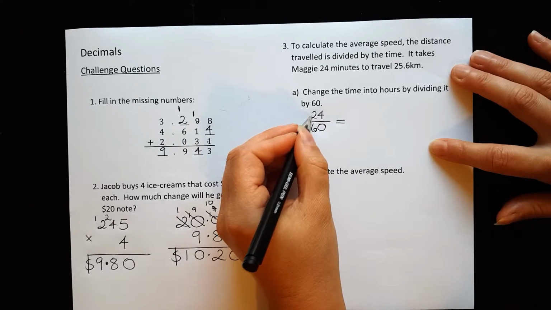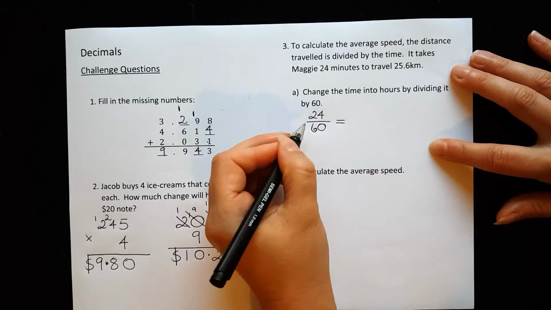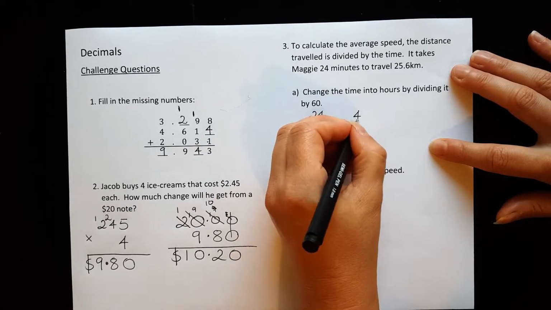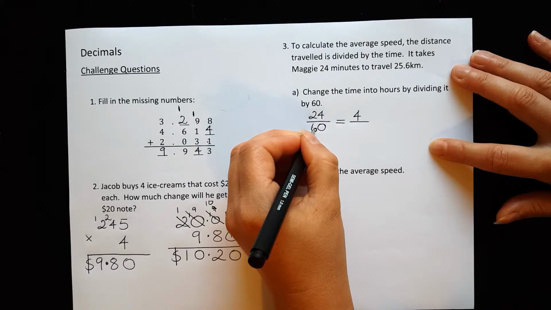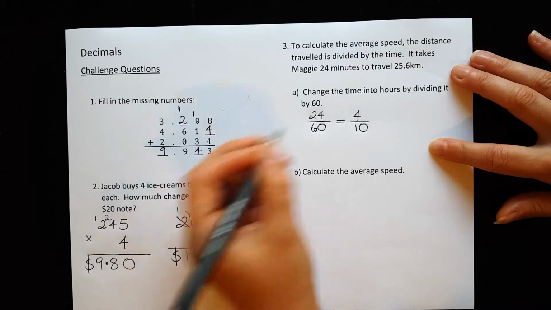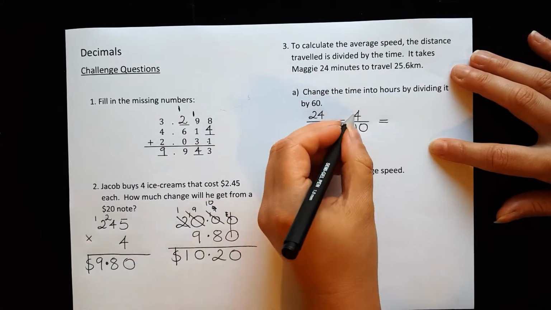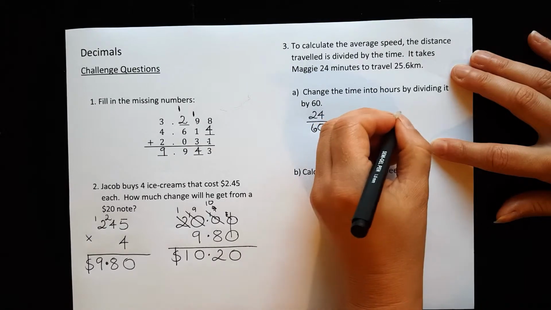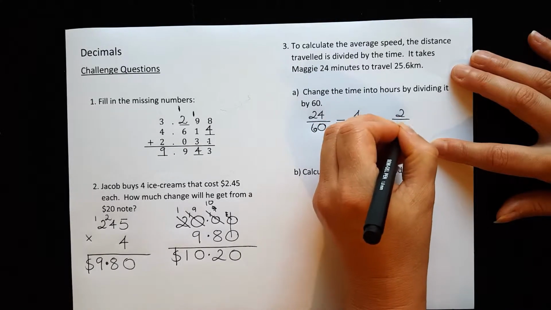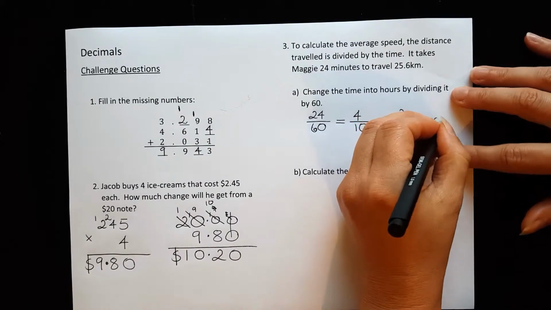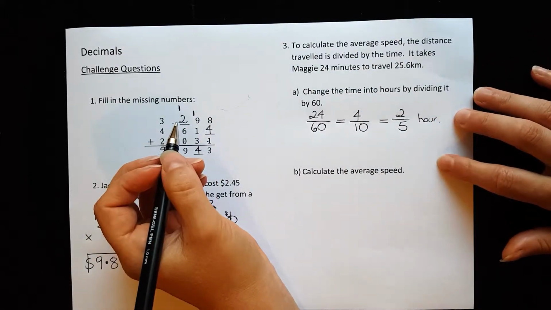Well, I could divide both of those by 6. Dividing this by 6, I would get 4. Dividing the bottom number by 6, I would get 10. That can be simplified further by dividing by 2. If I divide by 2, I get 2 on the top and 5 on the bottom. So it's going to be 2/5 of an hour is what 24 minutes is.